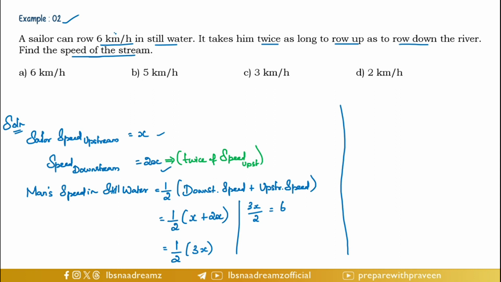A sailor can row 6 km per hour in still water. So take this 2 to here. 3x is equal to 6 2s are 12. So x is equal to 12 by 3, which is x equal to 4 kilometer per hour. So this is the speed of the sailor in upstream.